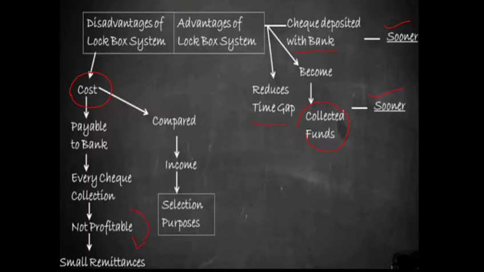So why is the lockbox system not profitable? Because of the cost on small transactions as well. So in case of the lockbox system, we have to compare the income, for selection purposes.